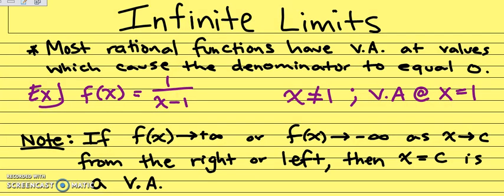Don't just think that if the denominator is equal to 0, then we automatically have a vertical asymptote. It's great to bring back your prior knowledge, and x values that cause the denominator to equal 0 will produce a vertical asymptote. It's nice to think of it that way because there are cases when that works, but not all the time. There are exceptions.